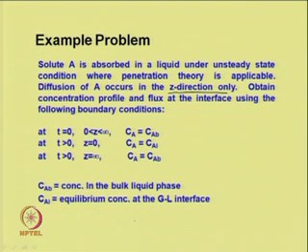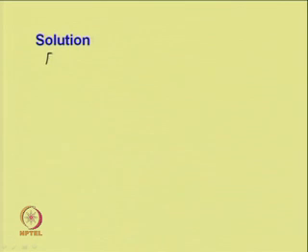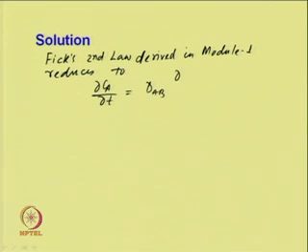So if we consider Fick's second law for unsteady state diffusion, derived in module 1, with the above assumptions it reduces to del CA by del t is equal to DAB del squared CA by del z squared.